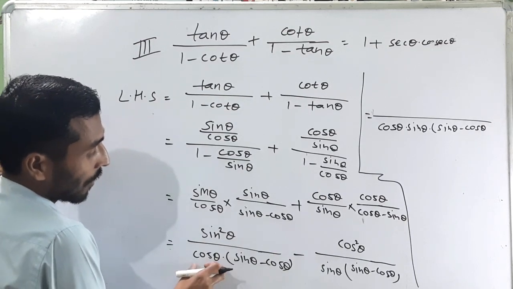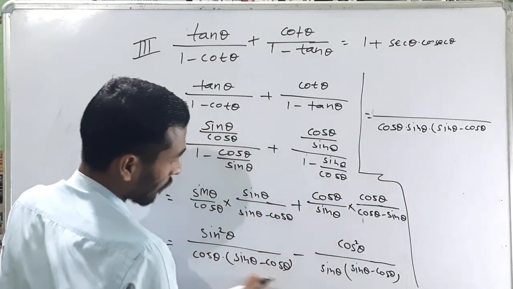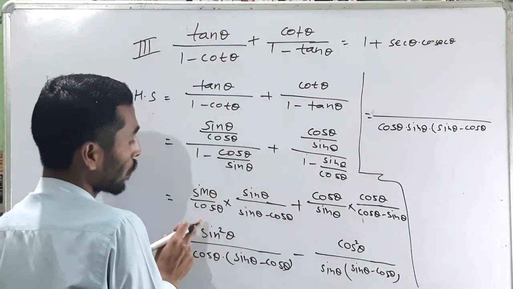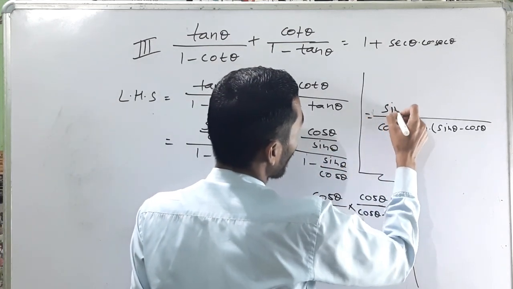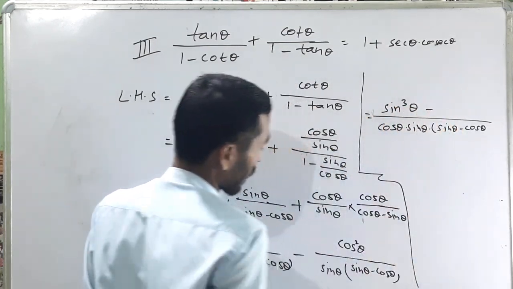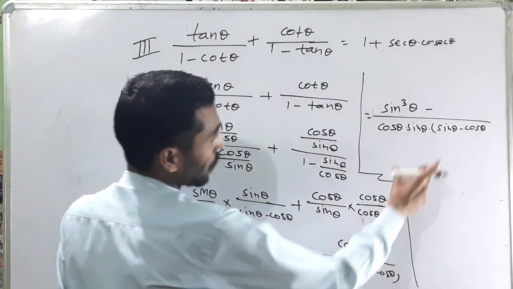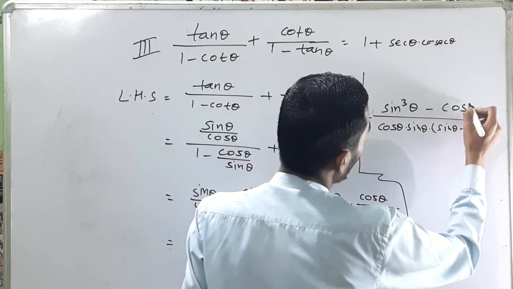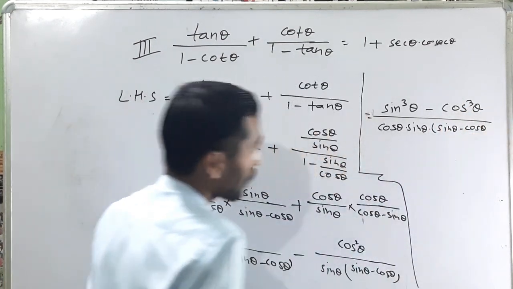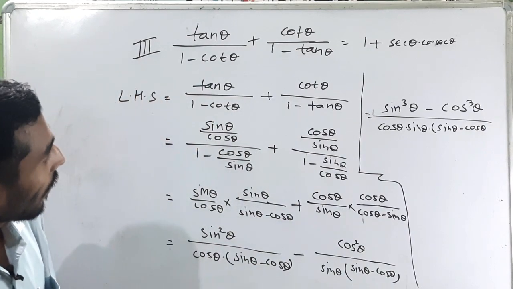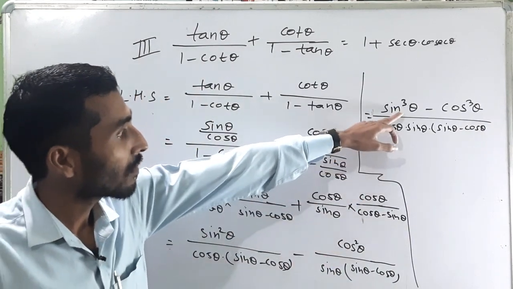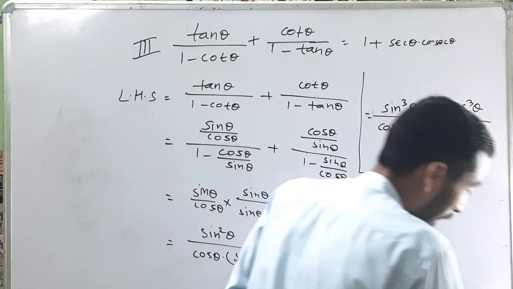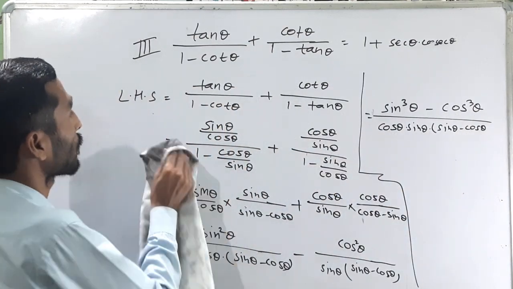If we divide this LCM by this one, we get sin theta as quotient, and after multiplying sin theta into sin square theta, we get sin cube theta. In the same way, if we divide for this one, we get cos theta, and after multiplying cos by cos square, we get cos cube theta. And you can see that this is the form of a cube minus b cube. So after that, we'll change that step on the basis of a cube minus b cube.